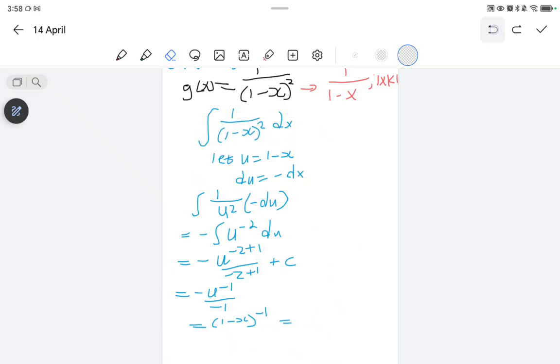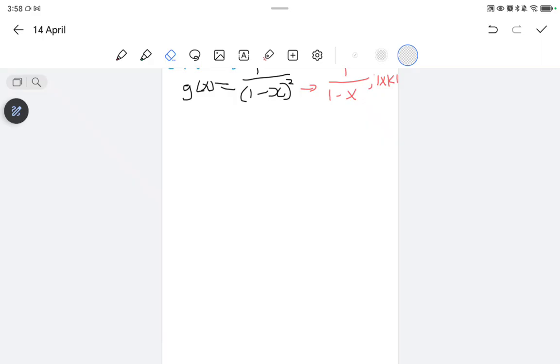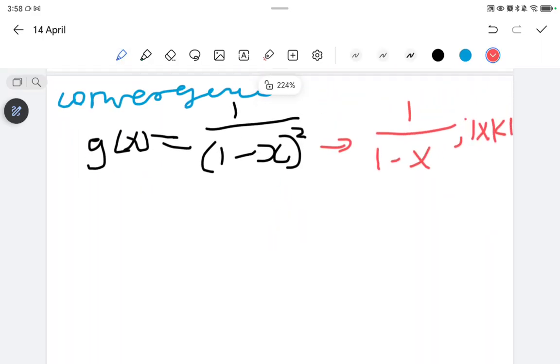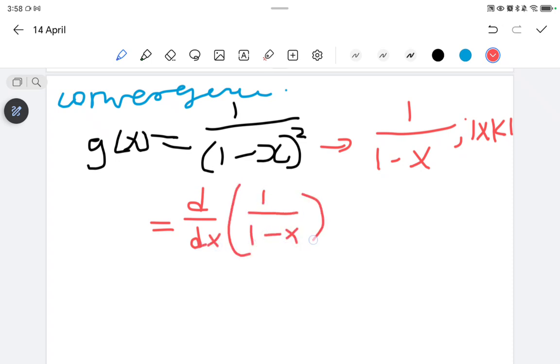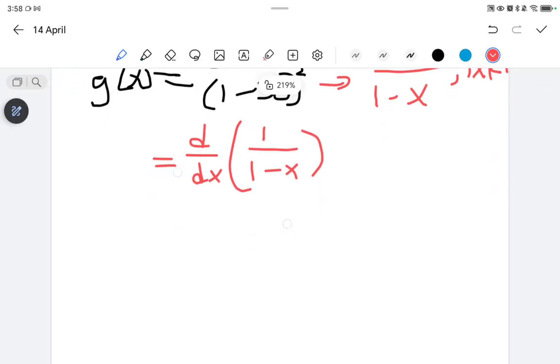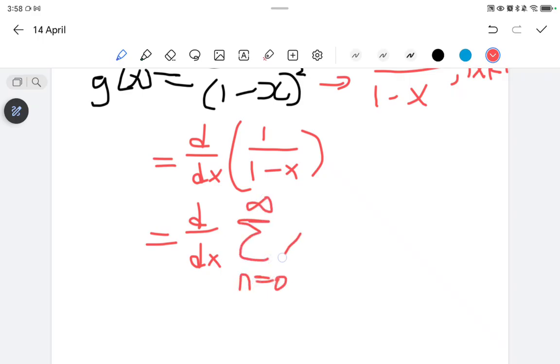So from here, we know that we got 1 over this, right? So we can just put d over dx of that function which we got when we integrated, which was 1 over 1 minus x. Then we know that the summation representation of this is x to the n. You see, right?